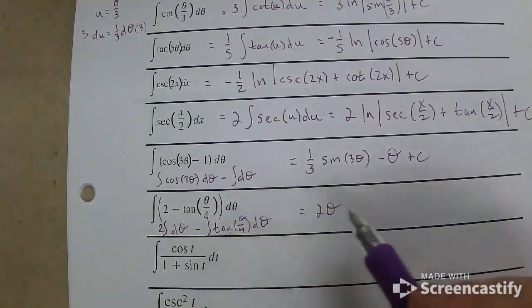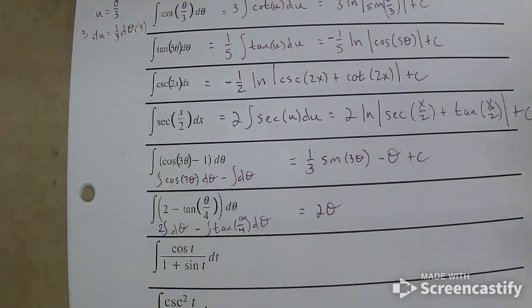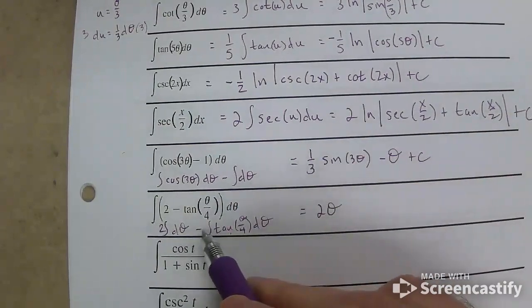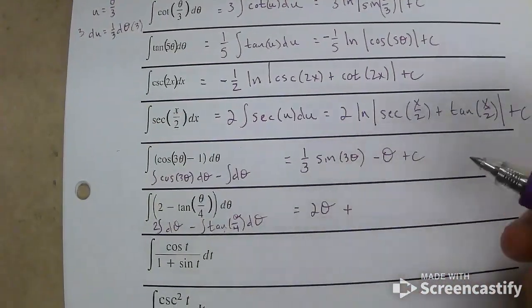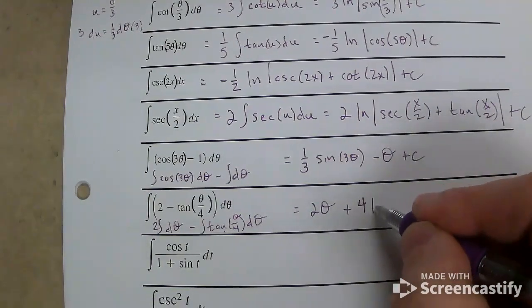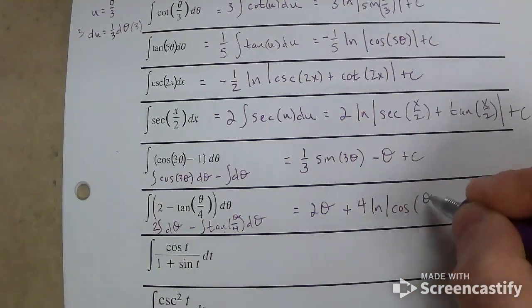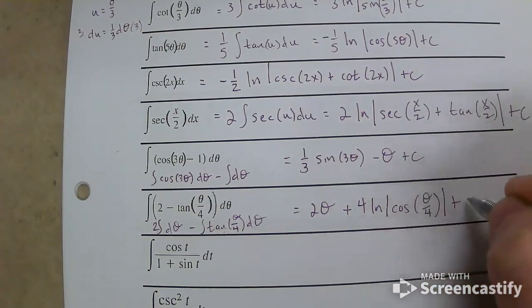This right here is going to be, well, the antiderivative of tan is natural log of cosine u, but it's negative natural log cosine u. So this negative will eventually be a positive for natural log of cosine theta over 4 plus c.